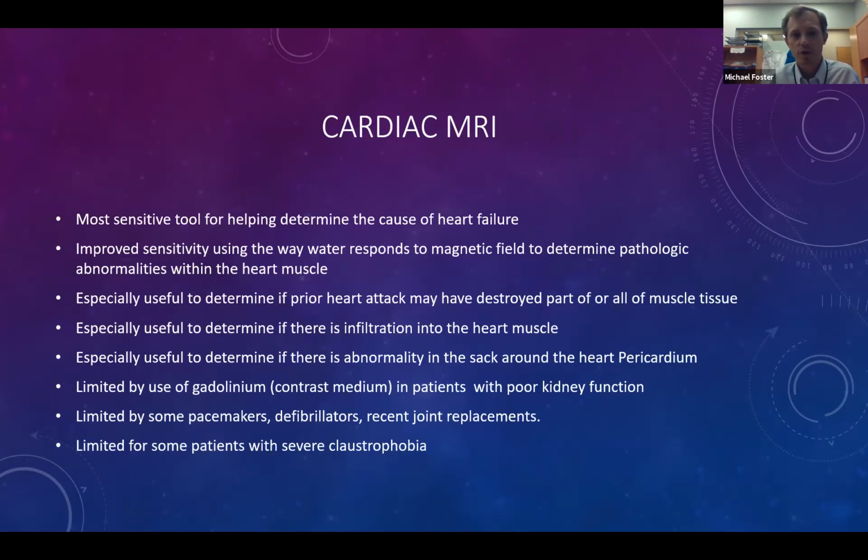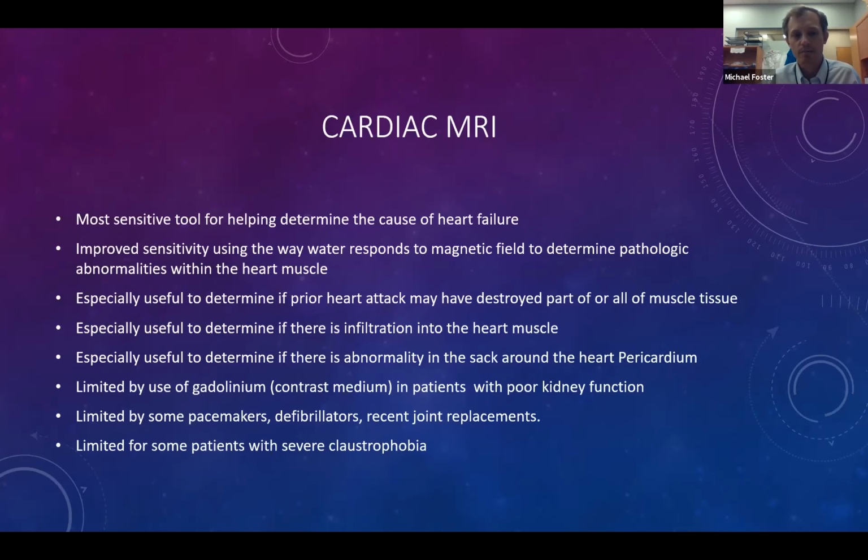It is very useful to tell if there's infiltration in the heart muscle from things like amyloidosis or sarcoidosis. And it's also useful to tell if the patient has had a recent viral myocarditis, which all have different types of patterns.